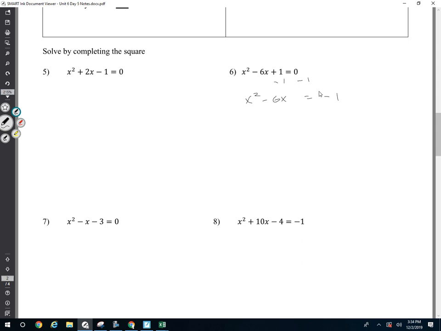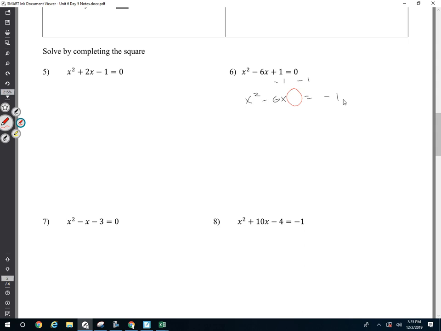Now, I want to write this as x minus 3 squared. But before I can do that, I need to add an amount right here, and it needs to be added to the other side so that this is a perfect square.